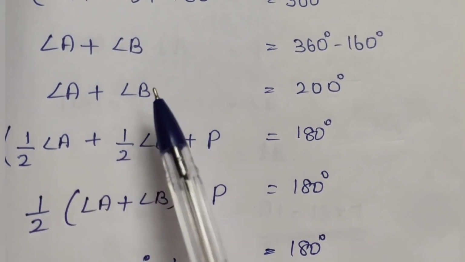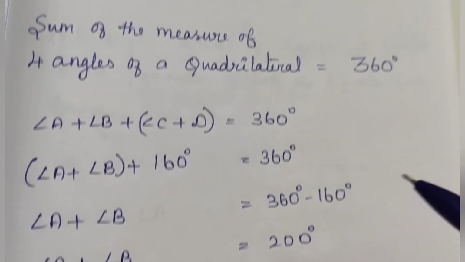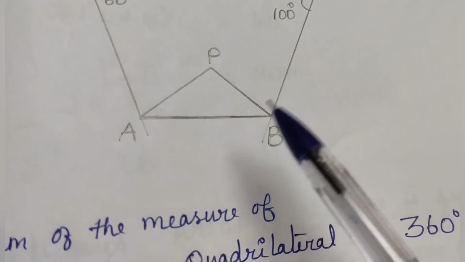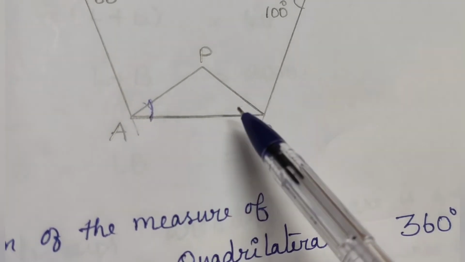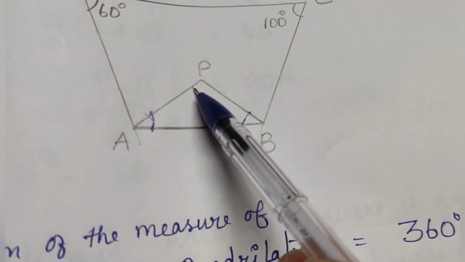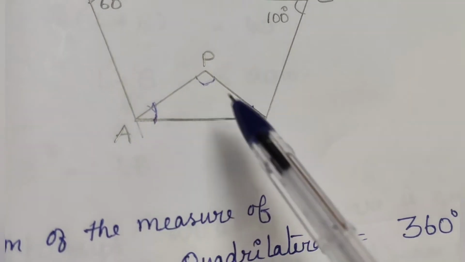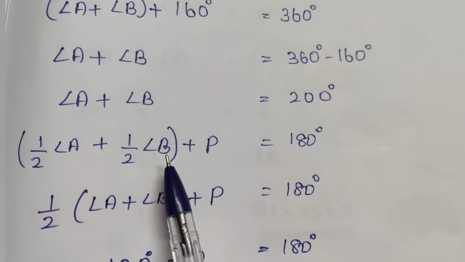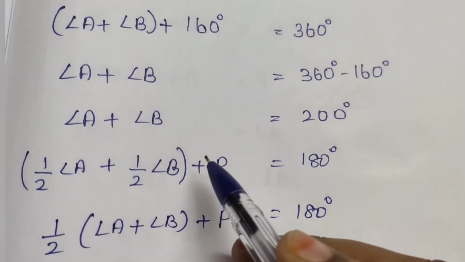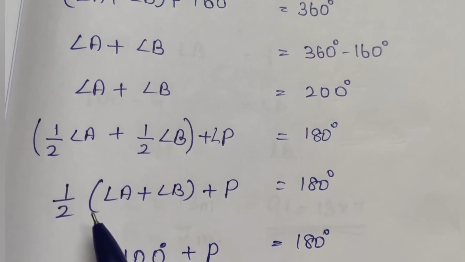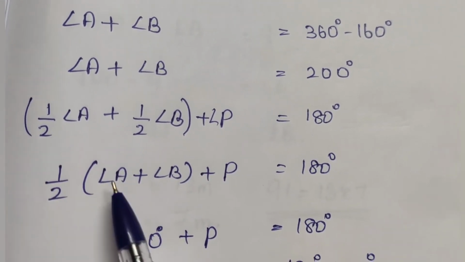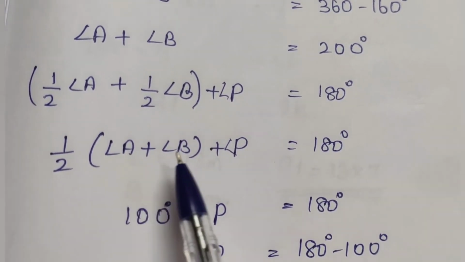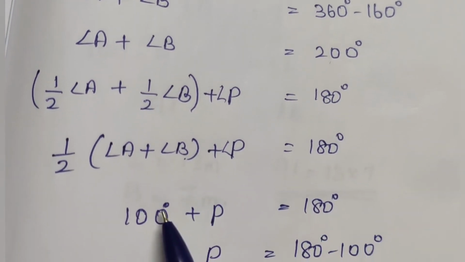So half of angle A plus half of angle B plus angle APB is equal to 180 degrees, because a triangle is formed. Taking half common outside, half of angle A plus angle B, plus angle P is equal to 180 degrees. Angle A plus angle B we got as 200, so half of it is 100.